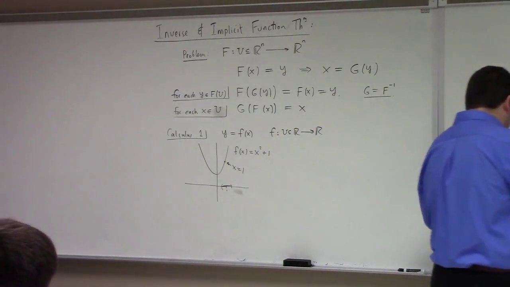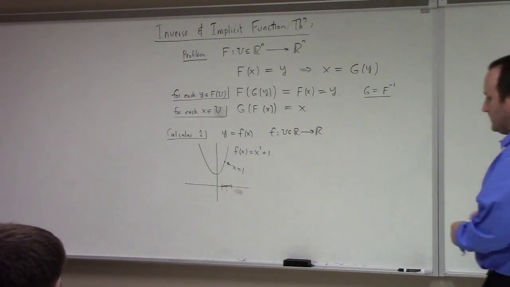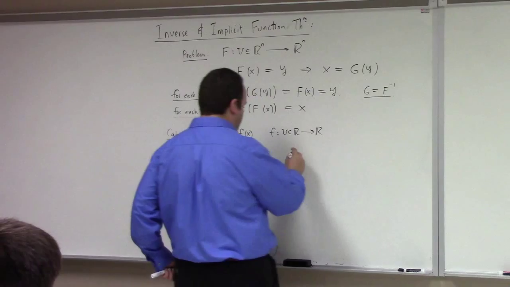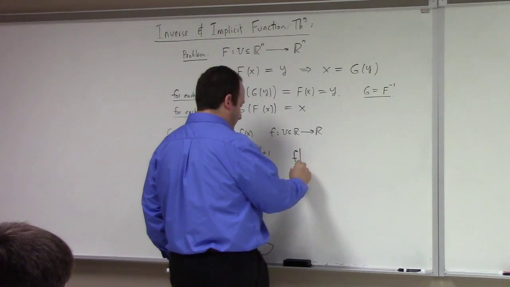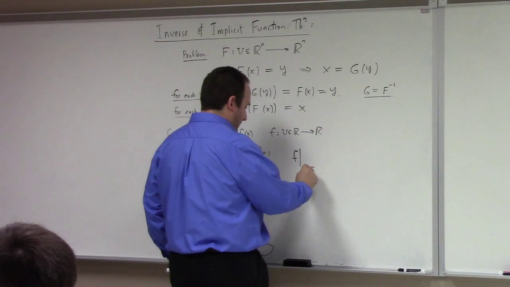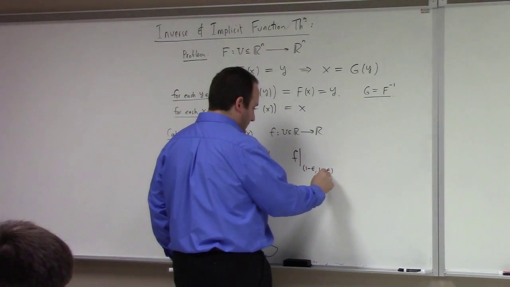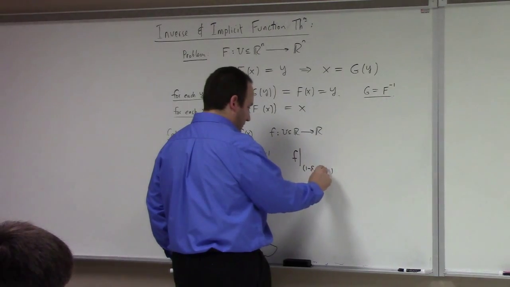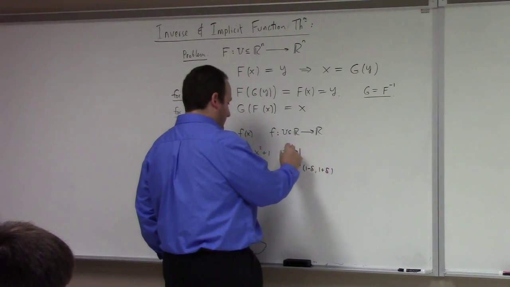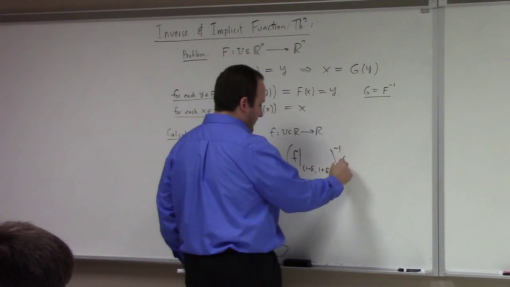Which means then I can find an inverse, right? So basically, I can find f inverse if I restrict f, say, from 1 minus epsilon to 1 plus epsilon. Or I don't like my epsilons. I'm going to use delta. All right, delta, delta. Then this restriction has an inverse, right?